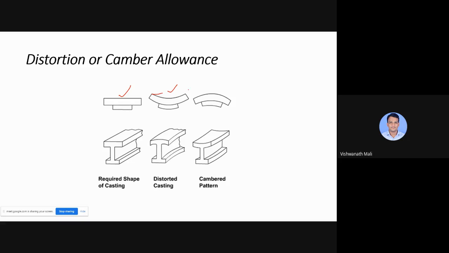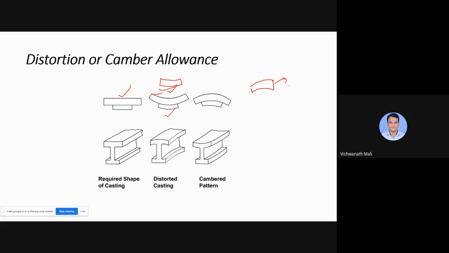In every product, we are finding this defect. So in order to avoid this defect, you give the negative camber. Suppose it is distorting in this direction, right? So to your pattern, you give the negative camber. So you make the pattern like this.